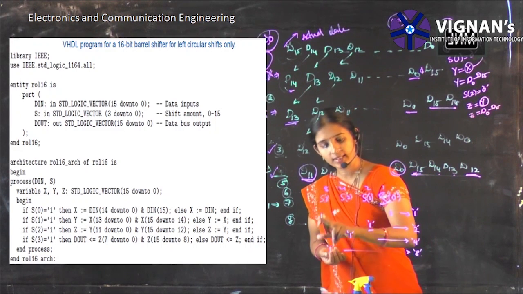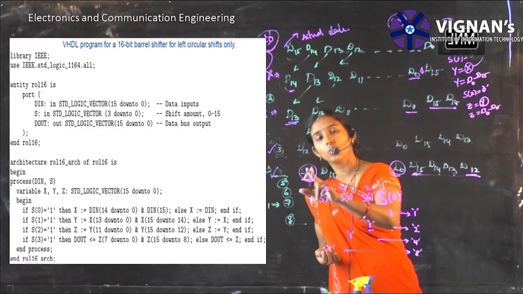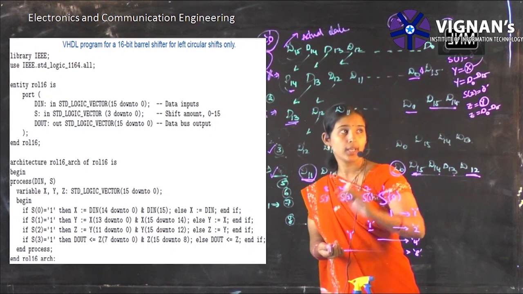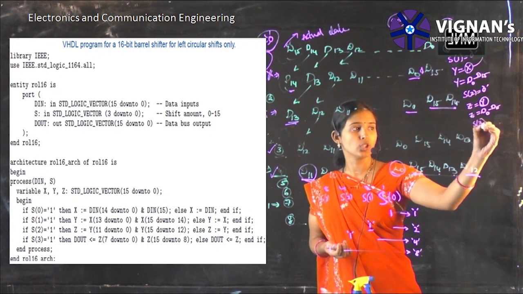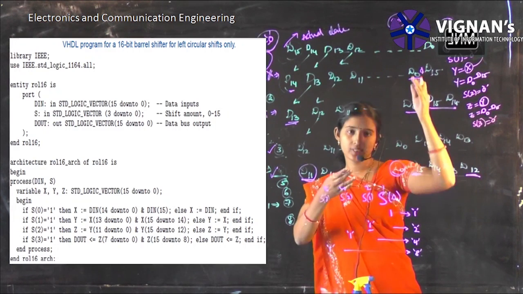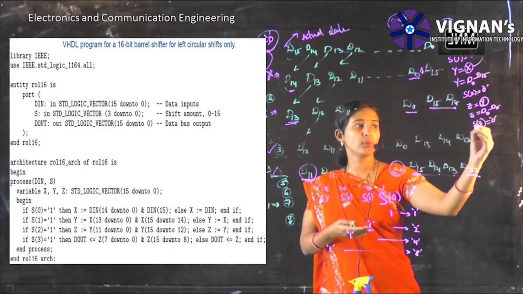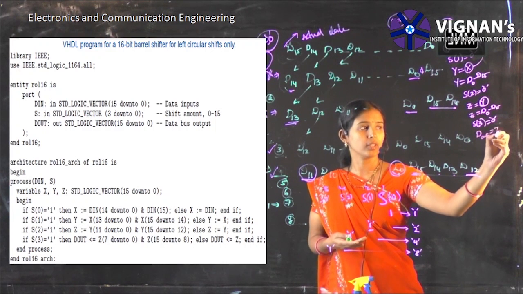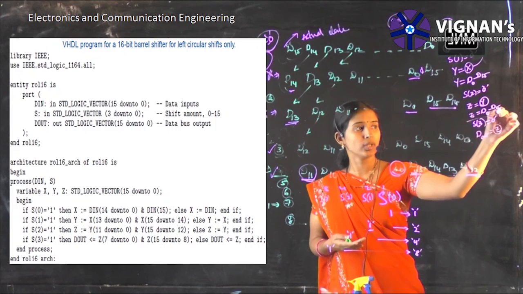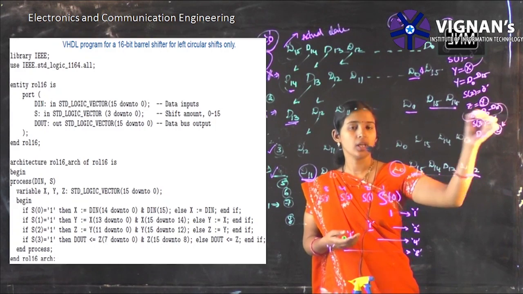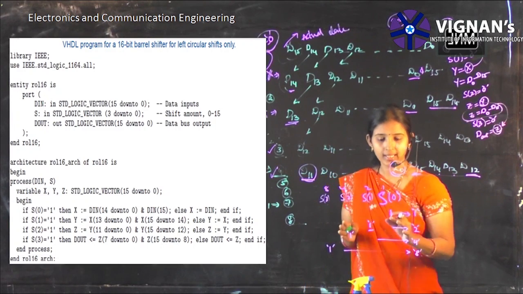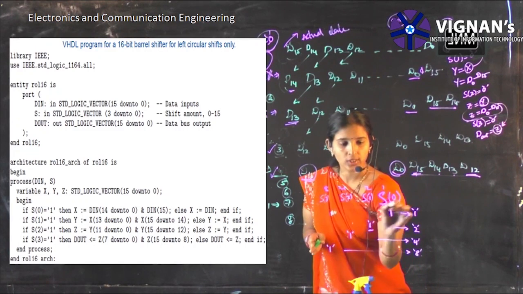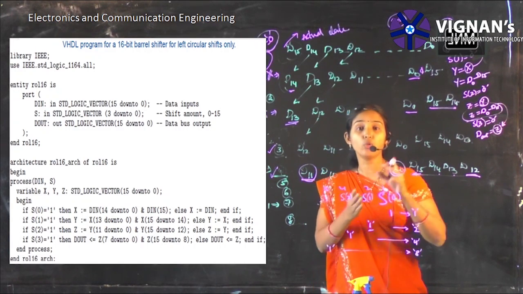Again, if S3 is equivalent to 1, it will undergo 8 left circular shifts. If S3 is equivalent to 0, the data output will be your Z. What is the data available at Z? That is D0 to D15. So from this you can say that the selection line tells you the amount of shifts.